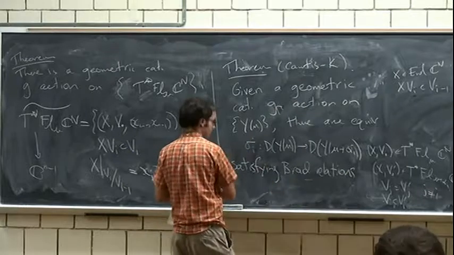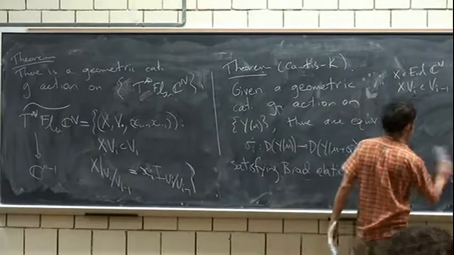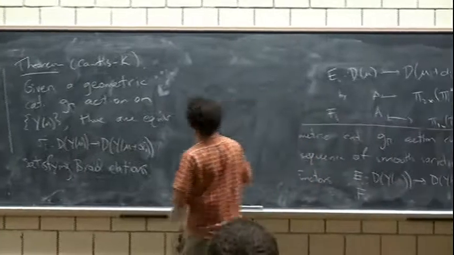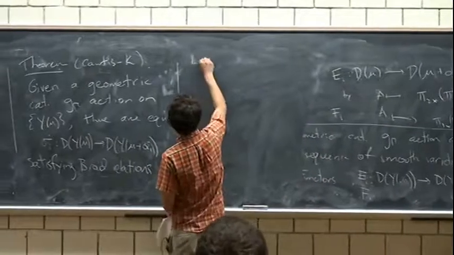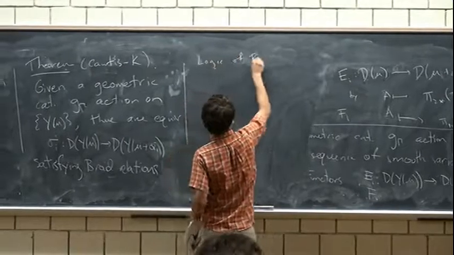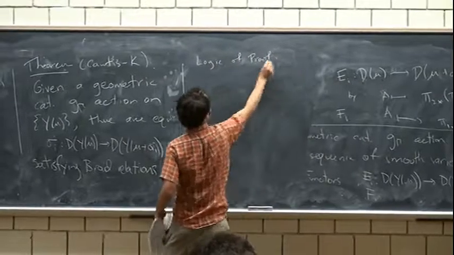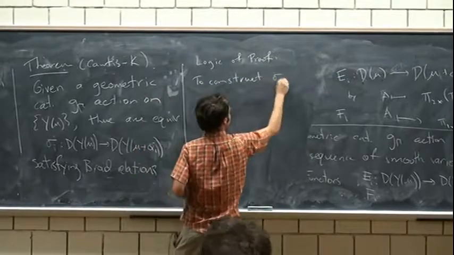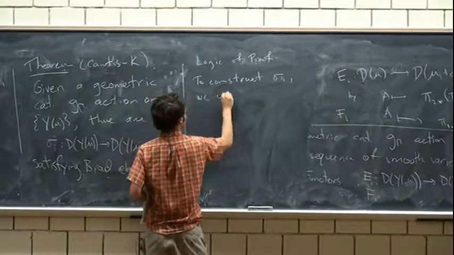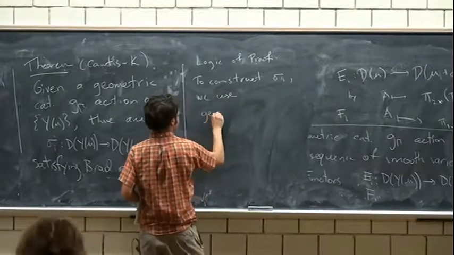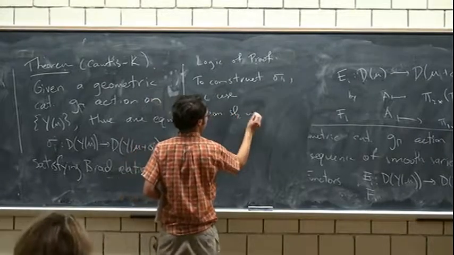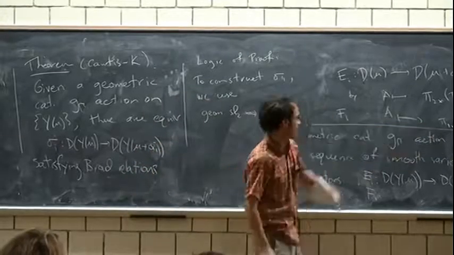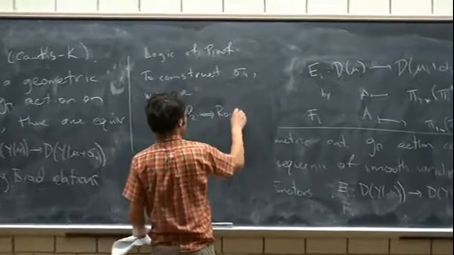So the logic works out as follows. To construct the sigma_i, we use the proven part of that conjecture: geometric SL2 implies Rouquier SL2.